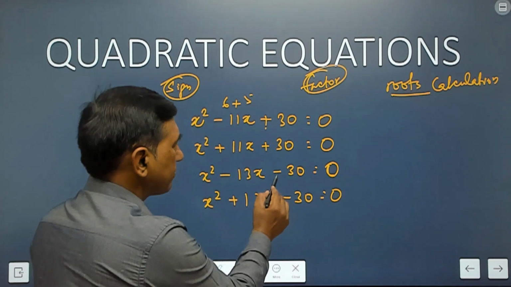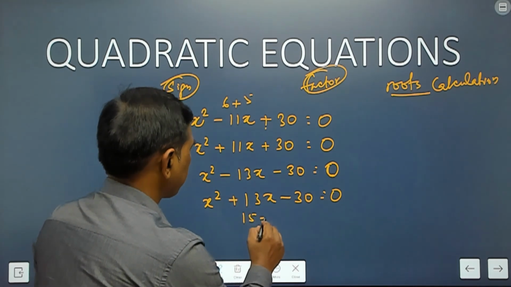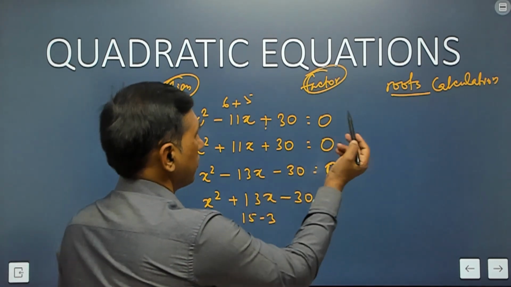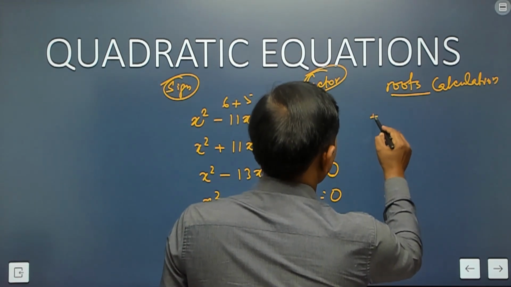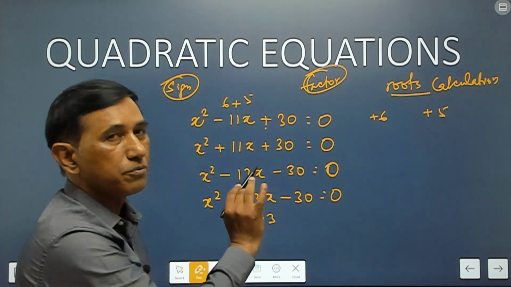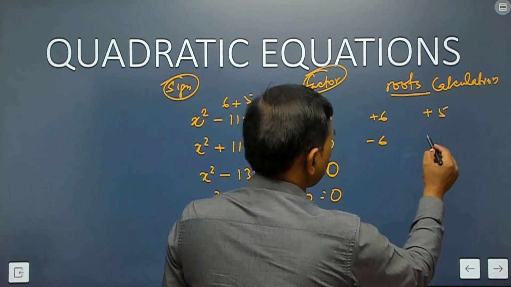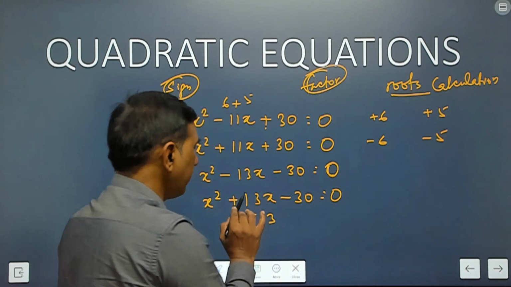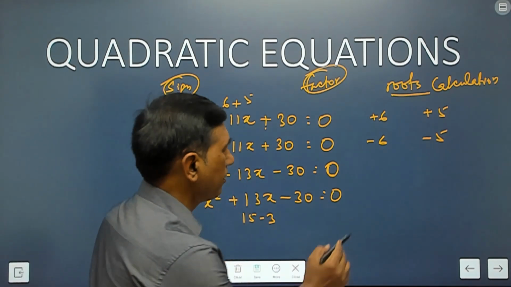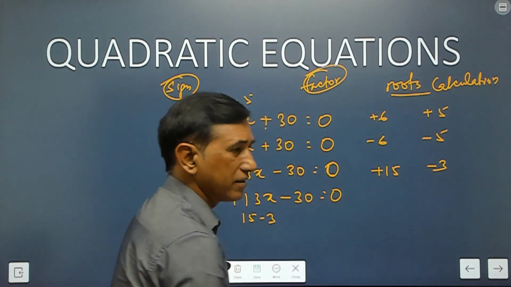Whenever you have minus here, then it will be 15 minus 3. So here the roots will be plus 6 and plus 5. Here, since both the roots have to be negative, it is minus 6 and minus 5. Here one is 15, one is 3. Since the bigger root is positive, this will be plus 15 and minus 3.